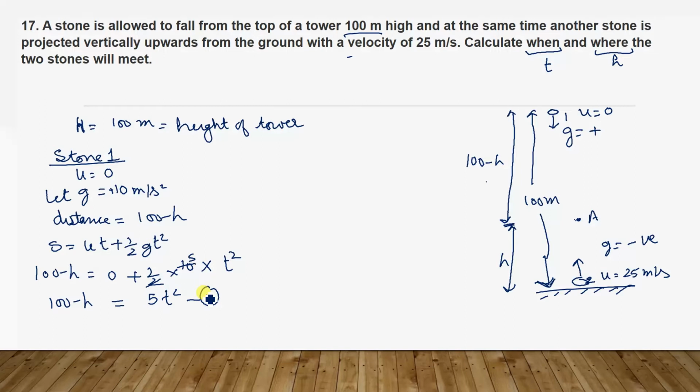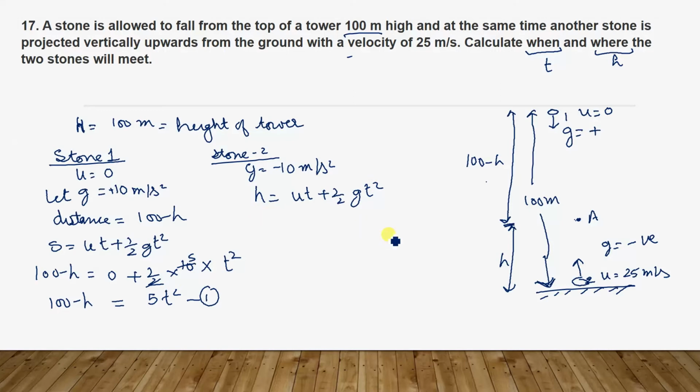Now let's move to stone 2. Let's see what equation comes in the case of stone 2. Here, students, g we will take as minus 10 because it is thrown vertically upward, and h equals, again using the formula ut plus half gt square.